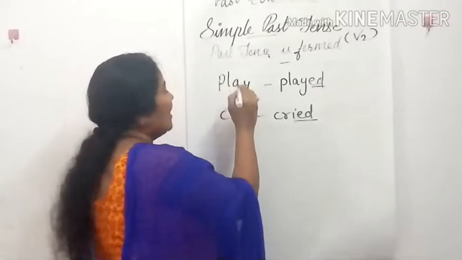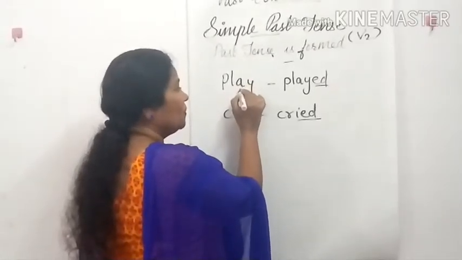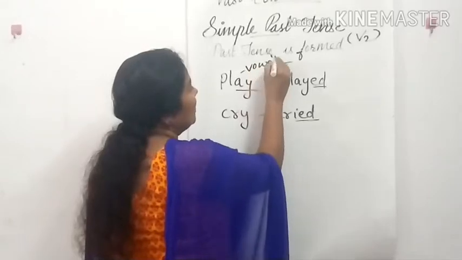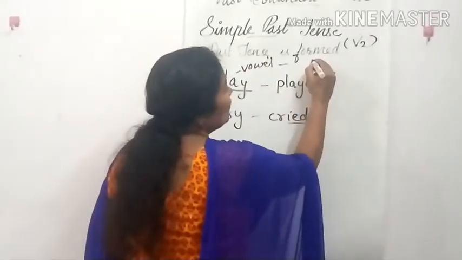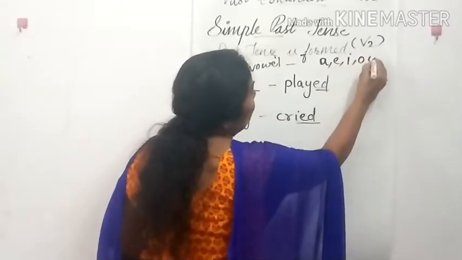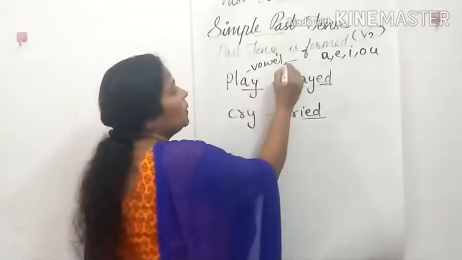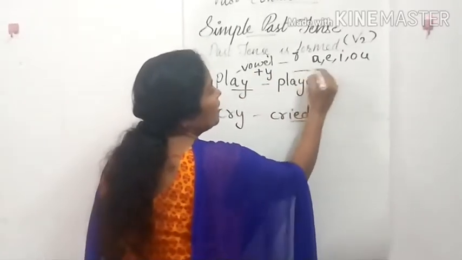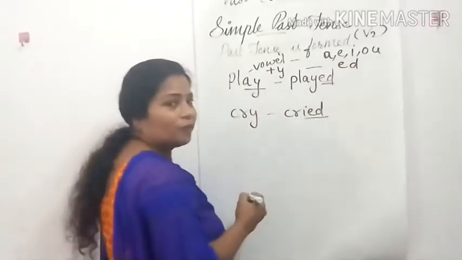So now, if a verb ends with a vowel, so we have vowel over here, A. I hope you know what a vowel is: A, E, I, O, U. If it ends with a vowel plus Y, then it will change to the ED form. Okay?